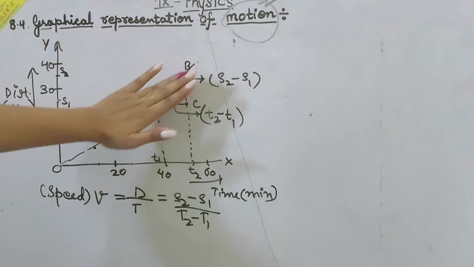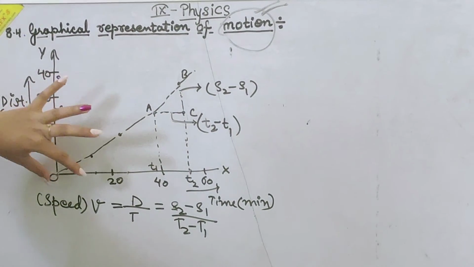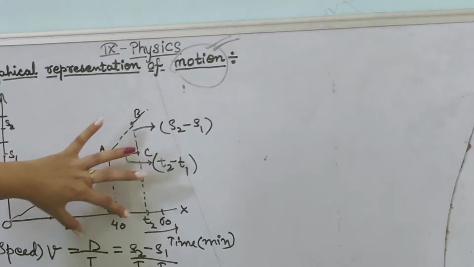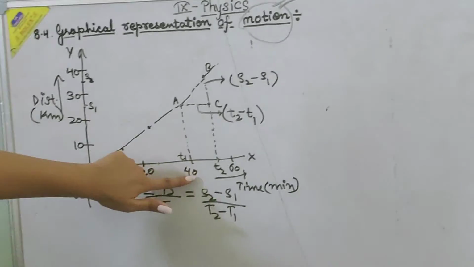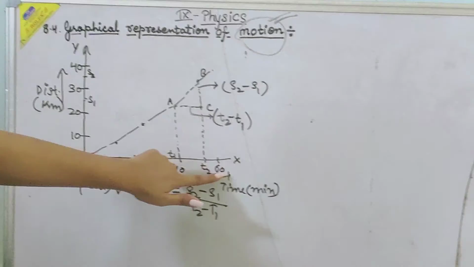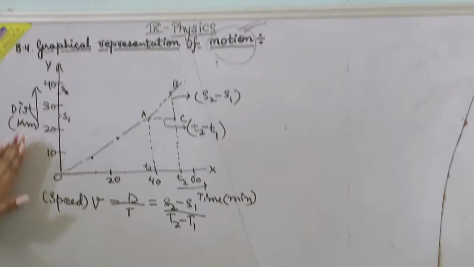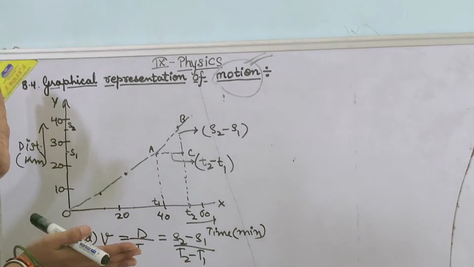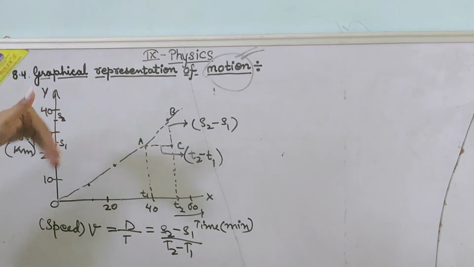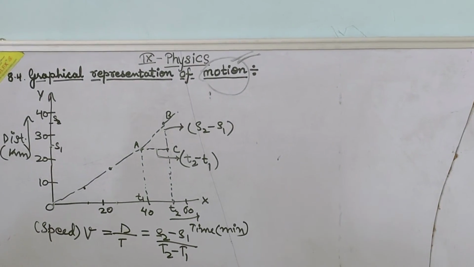This is the motion of an object in uniform speed, meaning it covers equal distance in equal time intervals. Here also the distance is noted in equal time intervals, and this motion is known as uniform motion.